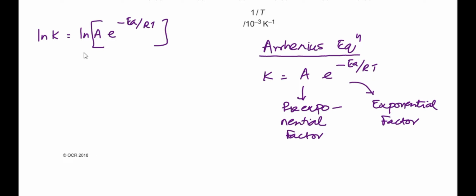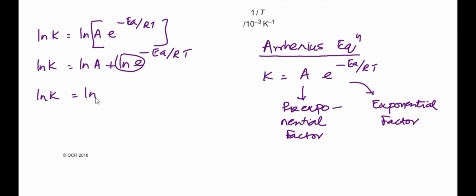Going by the logarithmic rules that you learned in AS level mathematics, you can see ln K is equal to ln A plus ln e to the power of minus EA over RT. Now this ln and the e will cancel out each other, and therefore it will simplify to ln A minus EA over R times 1 over T.